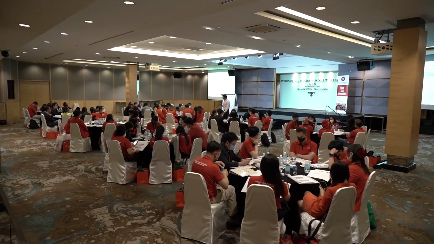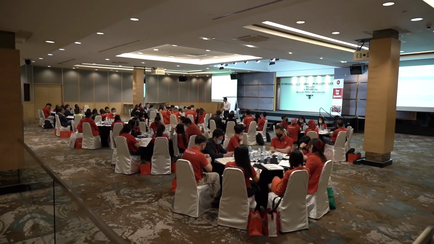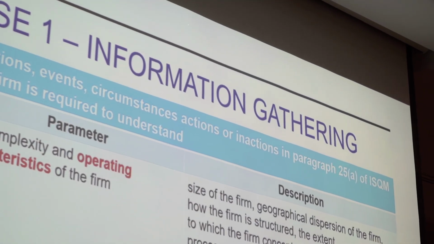AE, auditor's expert. Another expert which is not part of the audit firm, which you engage. Let's say, for example, this audit has a lot of legal problems, a lot of contracts, and the contracts are very complicated. I read also, I cannot understand. So what do you do? You engage a lawyer to help you during the course of the audit.